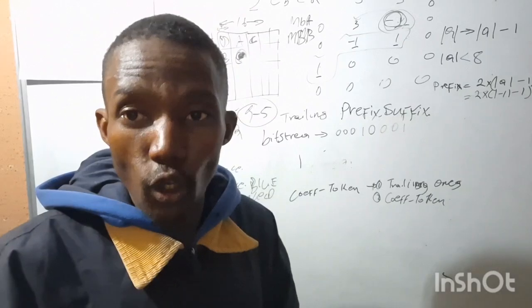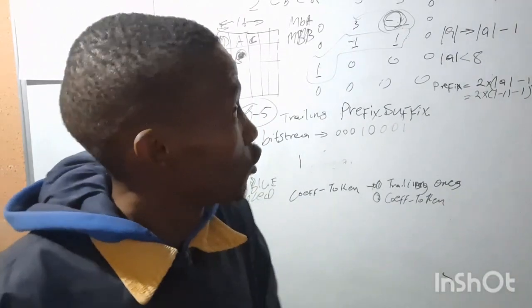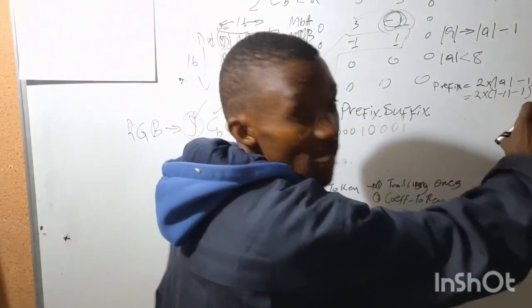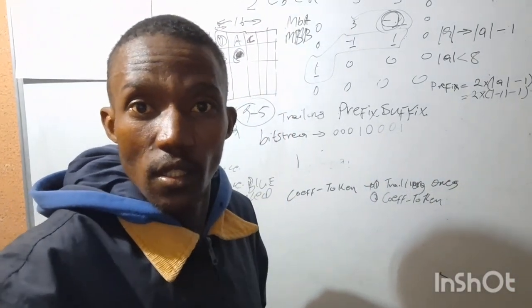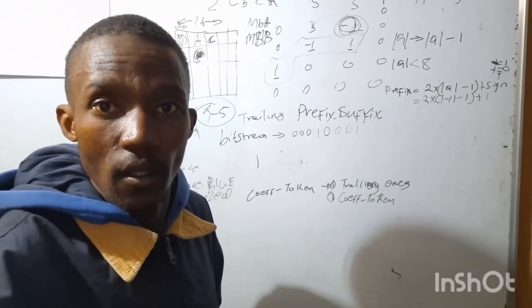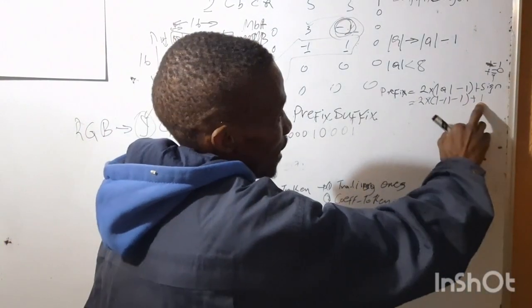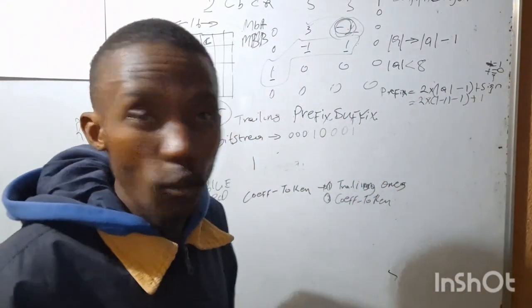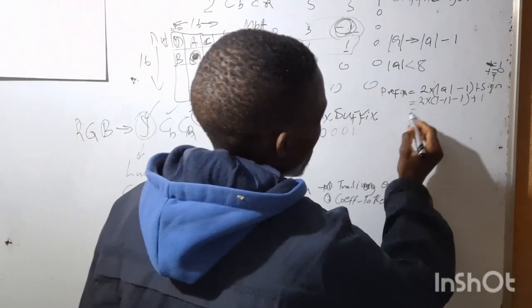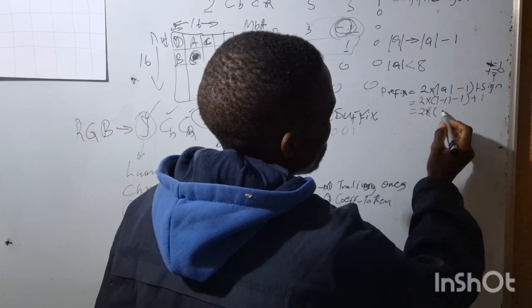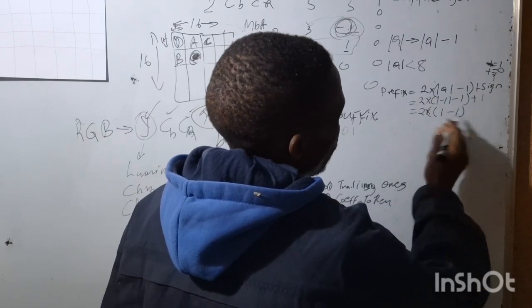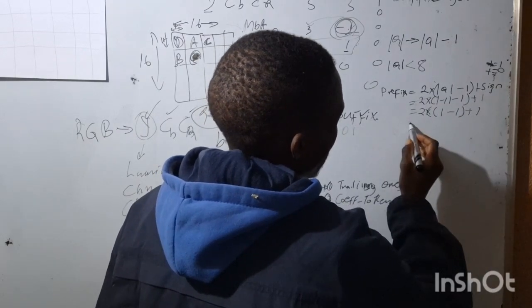If we were encoding a positive number, it would be 0. So the sign bit here is 1. Cool. So let's calculate this. 2 multiplied by 1 minus 1, which is 0, plus 1, right?